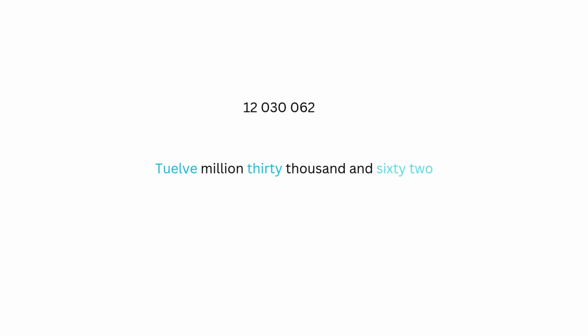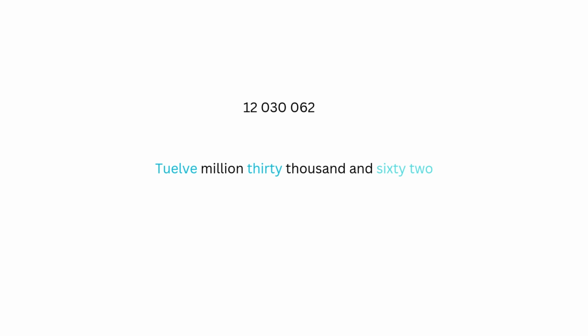Ones, they have to be 3, so we have 062. Thousands, they have to be 3, so we have 030. Millions, it's fine if they're not 3, it's okay. So, ones, thousands, millions. Then in millions, we have 12. You just write what you have.